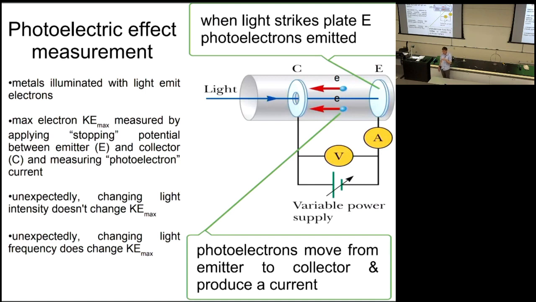Actually, it's even the frequency and the wavelength that determine whether you emit photoelectrons at all. If you have too low a frequency or too long a wavelength, you won't even emit electrons. You can't even liberate electrons from the metal. You need a certain minimum frequency.